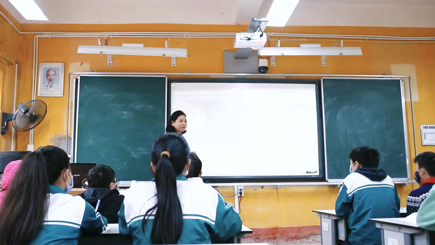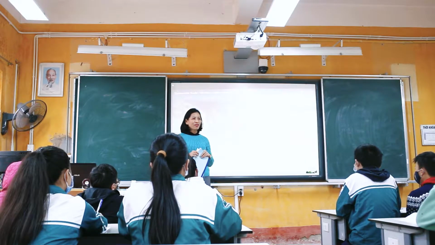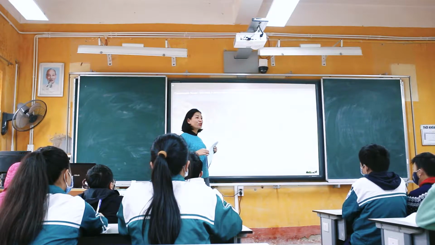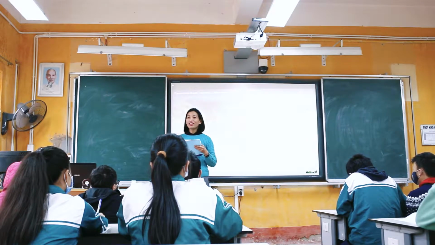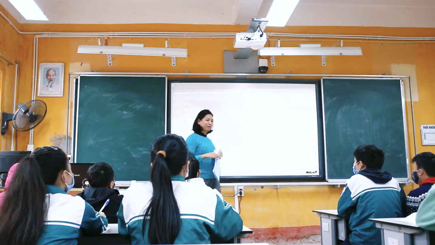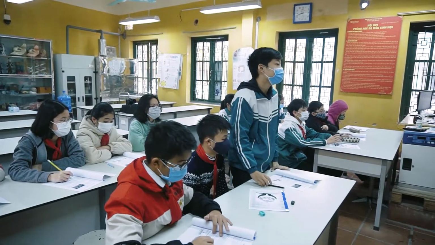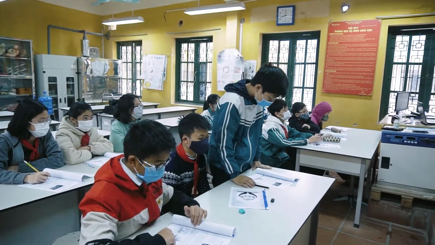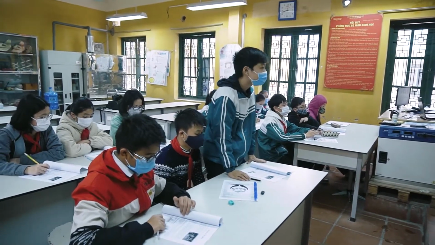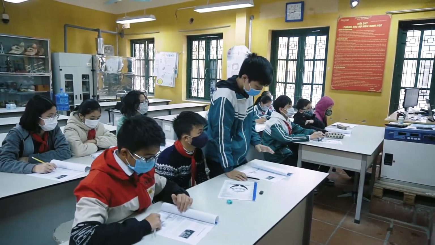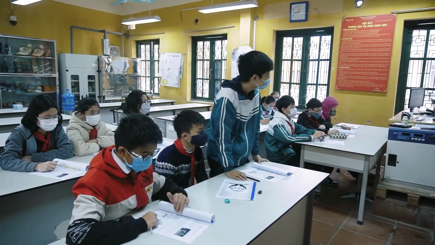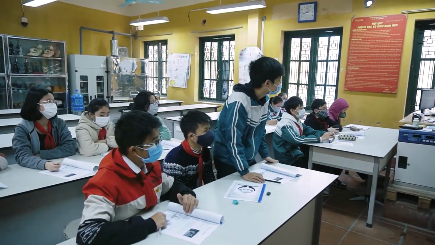What else? How do floods affect human life and the environment? What else? Dương, please. It's because everything like food, trees, and make the environment healthy. Yes, thank you. Sit down, please.